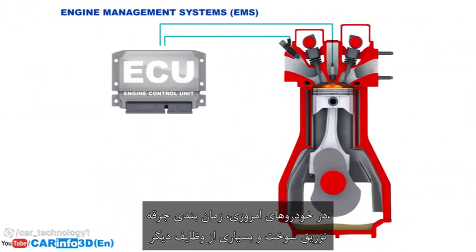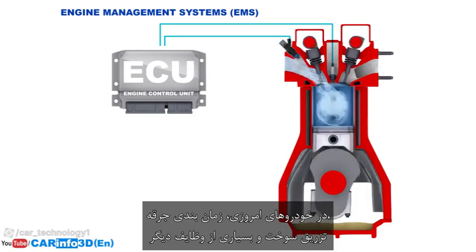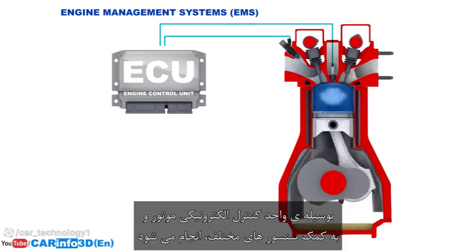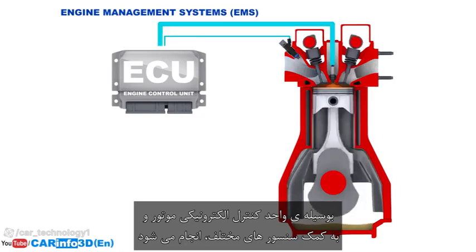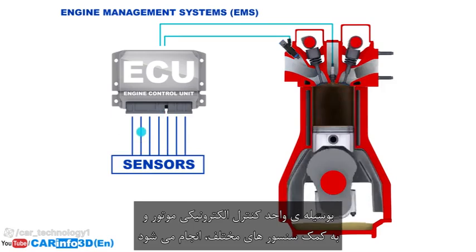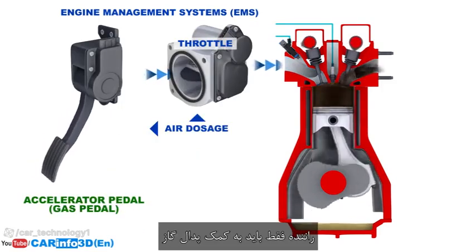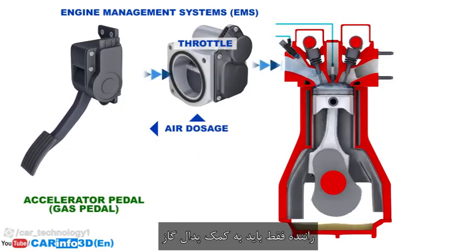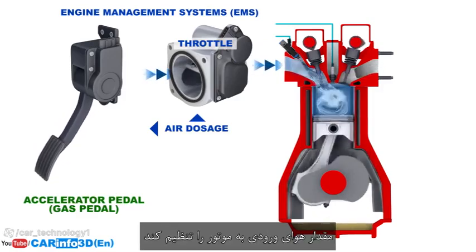In modern engines, ignition timing, fuel injection, and many other tasks are controlled by an engine management system with the engine control unit at its heart, assisted by various sensors. The driver only needs to supply air, which is accomplished with the help of the accelerator pedal, also known as the gas pedal.